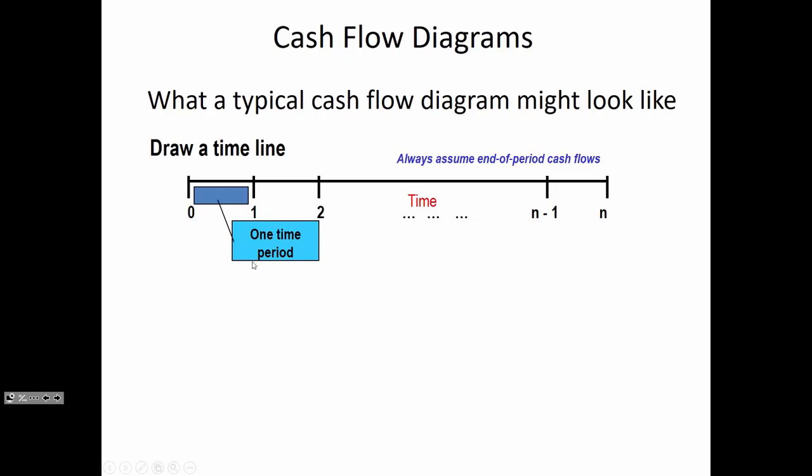So this 1 refers to the end of the first year. So year 0 is the present. Any money that you receive for working during the first year would be a cash inflow at line 1. Even though you did the work over a 1-year period, you receive it at 1.